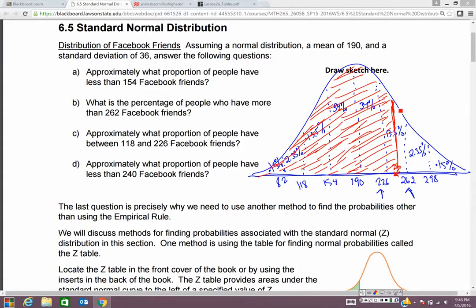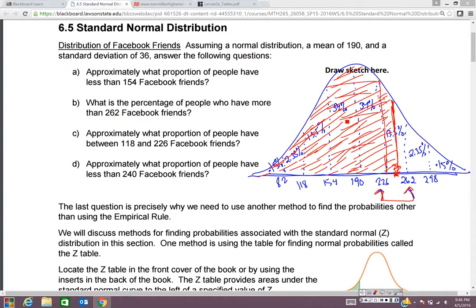Okay, so hopefully you have come up with a percentage, or a proportion, that you believe is correct. So here's the range. Of course we know that 240 is between these two values here. So for 226, in order to be less than 226, it will be everything from this spot on this way.